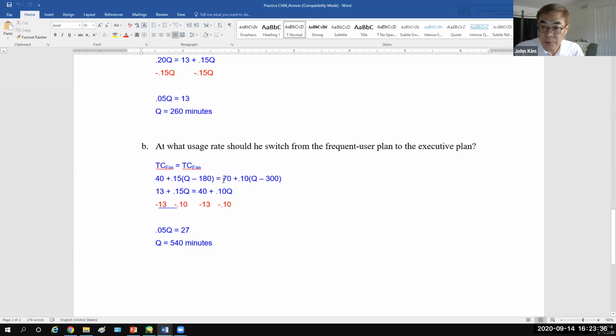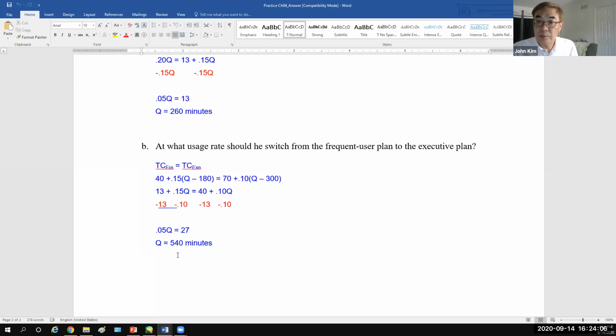Then this one 70 plus 0.1 Q, 0.1 times 300, and that is 30. So 70 minus 30 is 40. Then simplify about Q, then 540. 260 and 540.